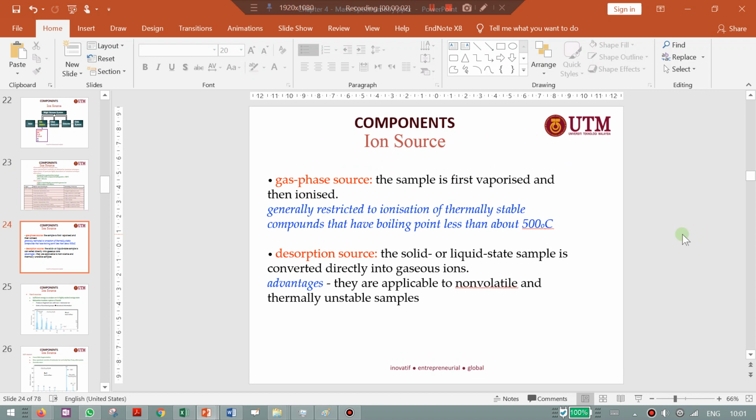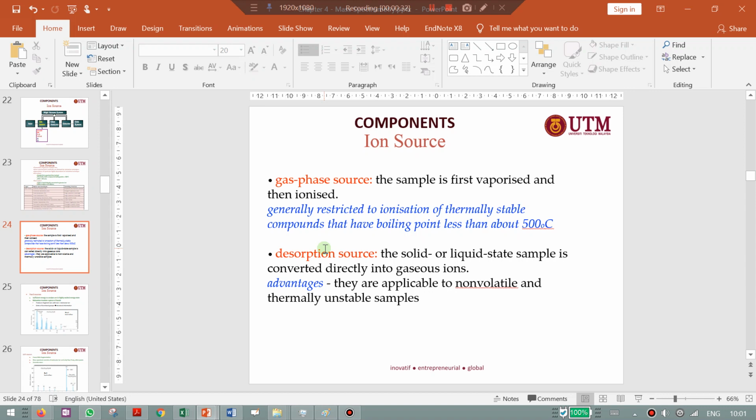As we have discussed, we can divide our ion source into the gas phase source and the desorption source. In the gas phase source, the sample is first vaporized, so we need a heating process first. But in the desorption source, the sample is directly converted into gaseous ions.